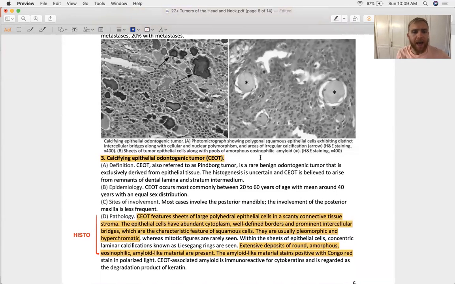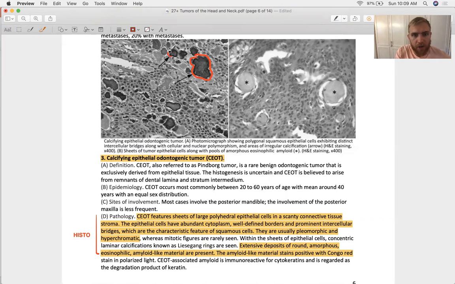Let's talk about a calcifying epithelial odontogenic tumor, or a CEOT. Because it's a calcifying tumor, it makes sense that it's got a lot of calcifications histologically. And calcifications are going to appear variably depending on the stain.